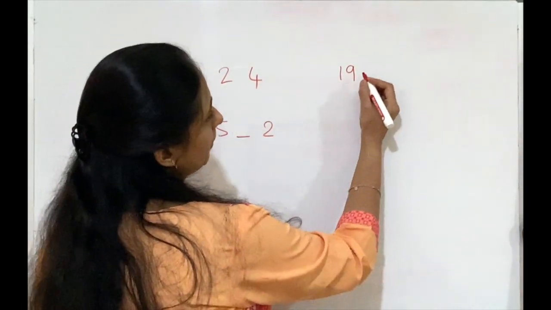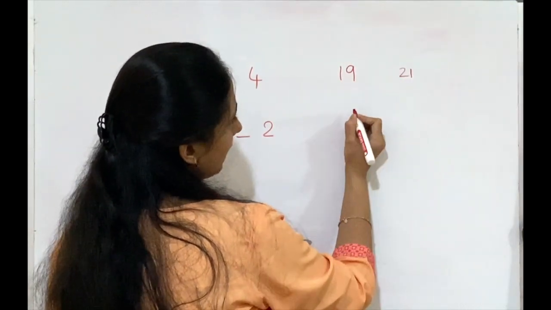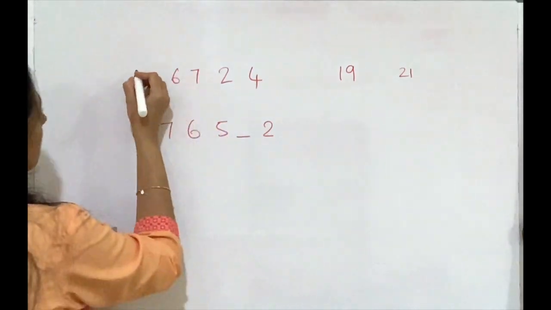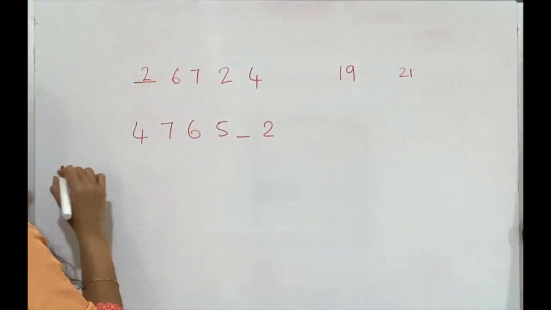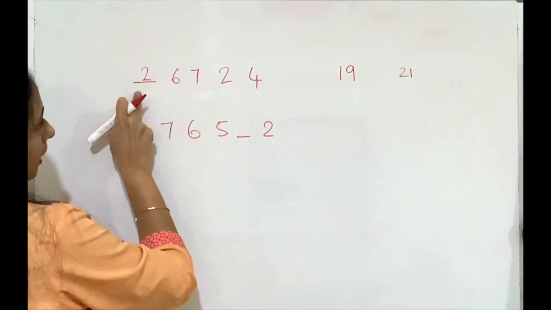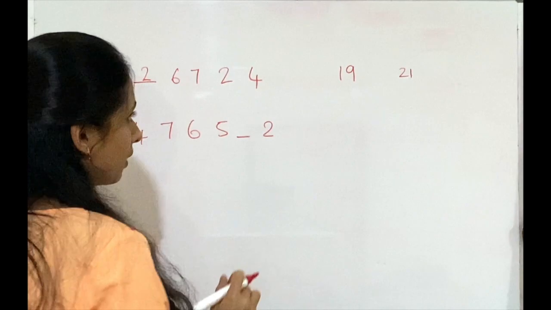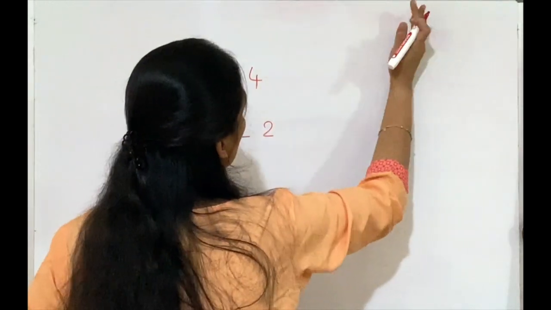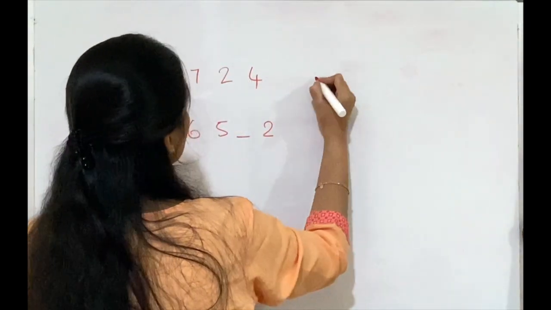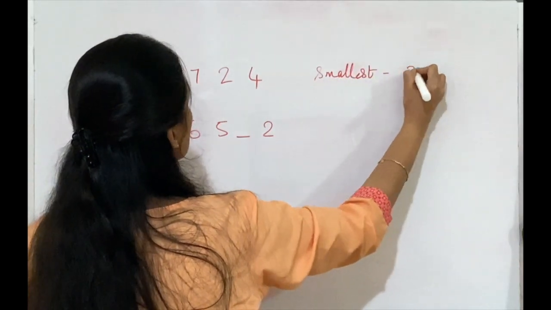Nearest number that is divisible by 3 is 21. Right. So I will write 2 here. This is 19. If I add 2, 19 plus 2 is 21. So this number is divisible by 3. Right. So the smallest number that we can add in this blank is 2.